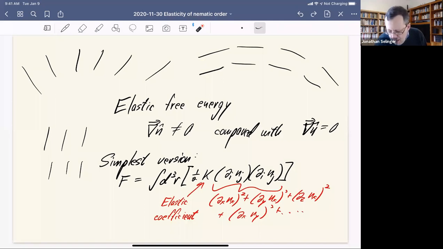In this case on the left, the variation is mostly perpendicular to the average director. So there's no reason why those two things have to have the same energy cost. And so we need an improved version of the elastic free energy, which recognizes that those kinds of variations can have different energy costs.